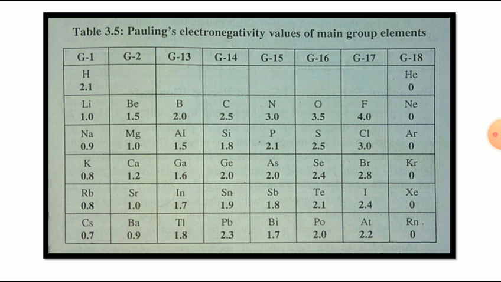Then elements from group number 13 and 14 have more electronegativity than group number 1 and group number 2 elements. See, lithium 1, beryllium 1.5, boron and carbon, its value will increase.